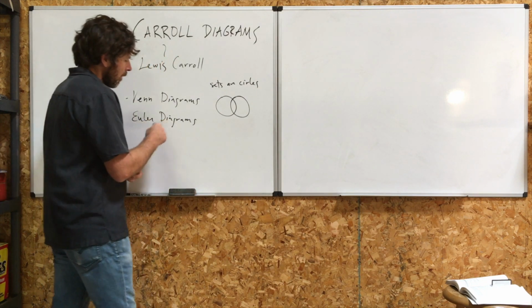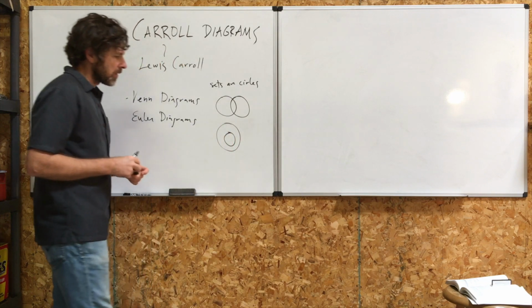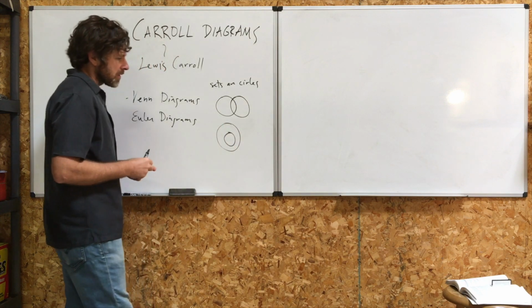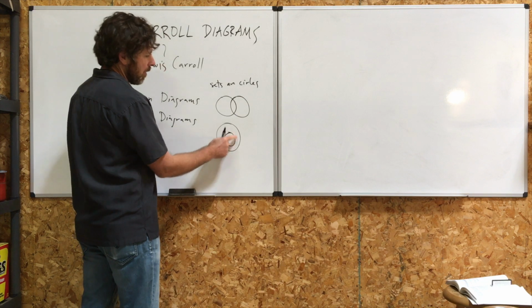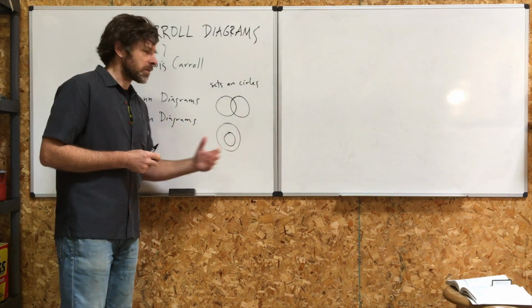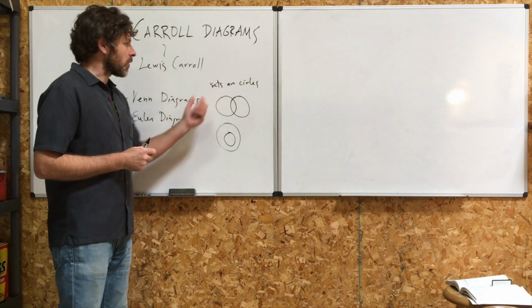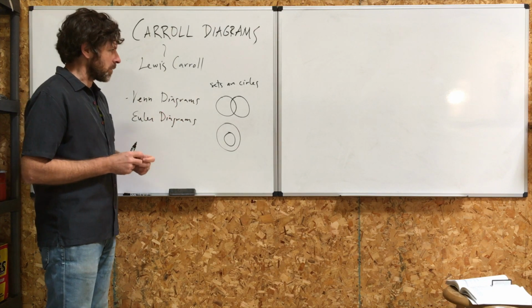What Euler did was to embed circles within circles. They still represent sets, but you could say that every member of this set belongs to this set by diagramming circles in this way. So set theory, category logic, you can use Venn diagrams and Euler diagrams.